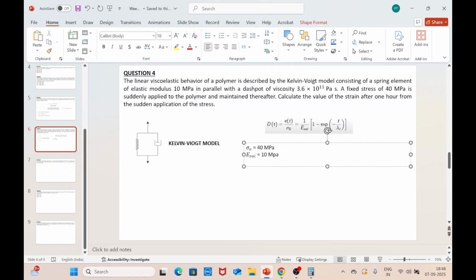The viscosity value is 3.6 times 10 to the power 11 pascal second.